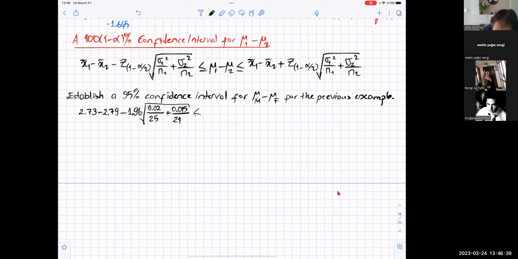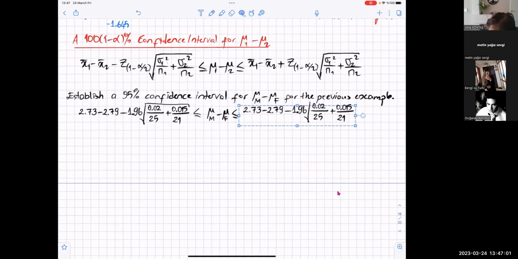Let's equal mu 1 minus mu 2, or mu male minus mu female. I'm going to copy the lower bound and place it right here. This is a plus right here.